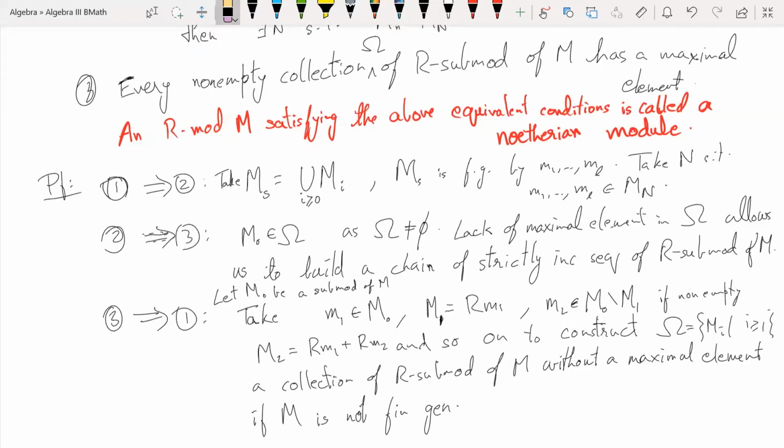So this is actually a strictly increasing chain of submodules of M, and hence it won't have a maximal element. So it will contradict 3. It will contradict 2 as well, but in particular it will contradict 3. So that proves 3 implies 1.